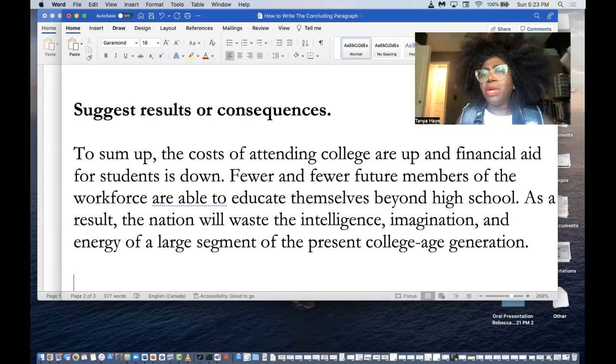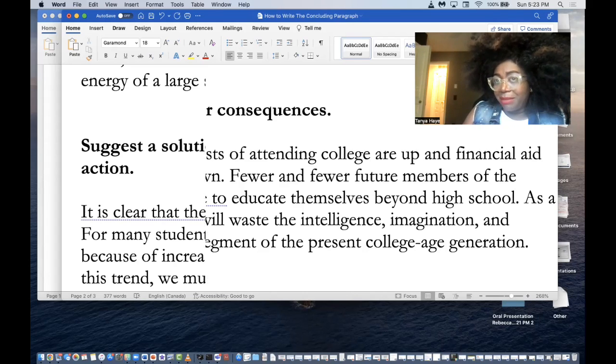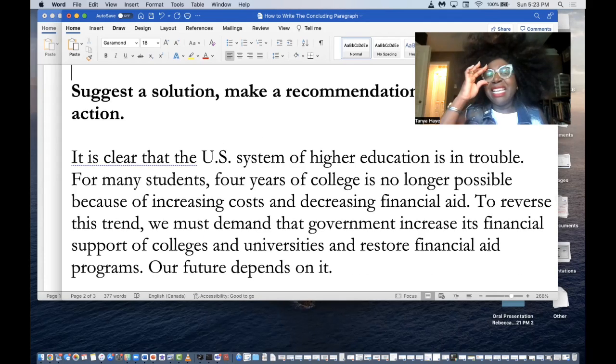So we can imagine what they discussed earlier on in the essay, and now they're saying this is the possible result or consequence that we will see. You can also suggest a solution or make a recommendation or call for action. And here's an example. It is clear that the US system of higher education is in trouble.